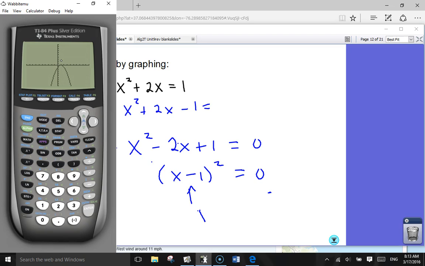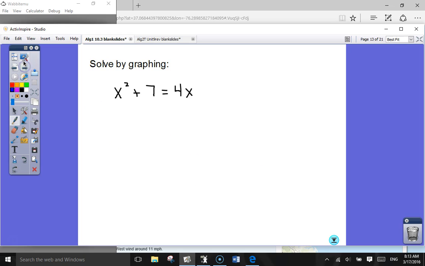Okay? The next possibility. Let's try this one. x squared minus 4x plus 7 equals 0. Right? Put it in the calculator.